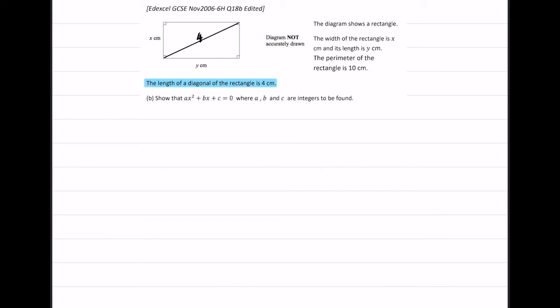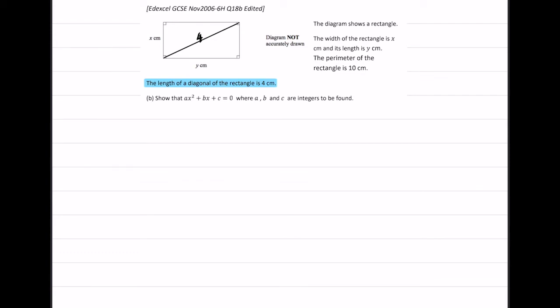So now it says show that ax squared plus bx plus c equals 0, where a, b, and c are integers to be found. So what we're going to notice is that we have x and y. Now, the minute that we have an x and a y means that we're going to be working with simultaneous equations. So we're going to determine which simultaneous equations are going to give us our solution.